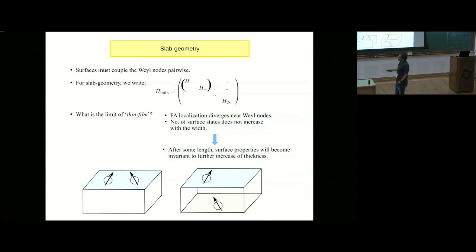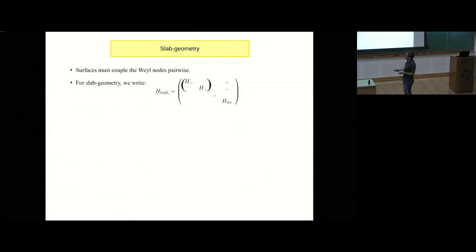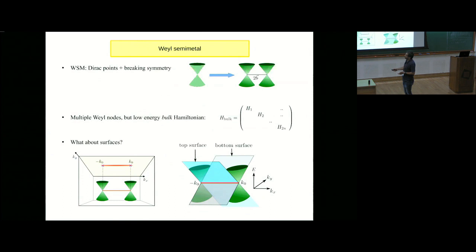Anyway, we are asking exactly the same question that we asked in quantum Hall, that these states are essentially reminiscent of the quantum Hall nature of the underlying bulk states of the Weyl nodes. So the bulk states of Weyl nodes essentially give a quantum Hall state for various values of this momentum kx. Okay? And these surface states are nothing but the quantum Hall states of this projection of the bulk states.